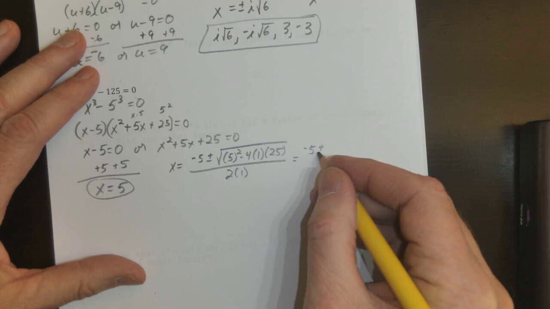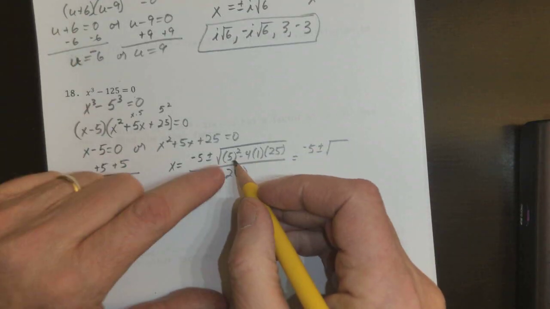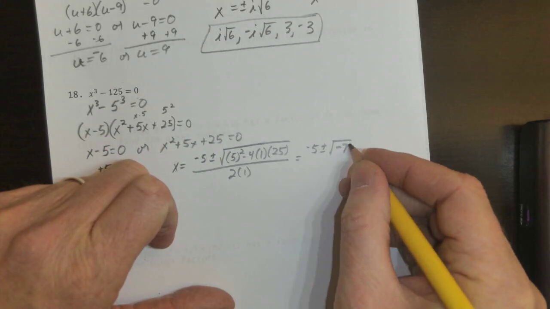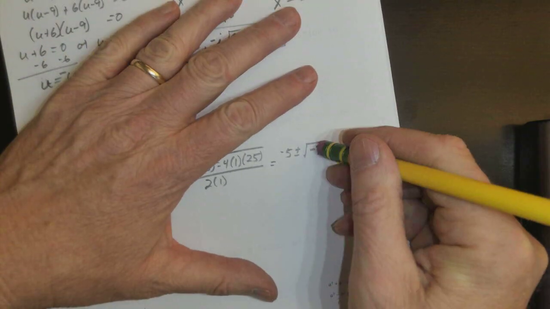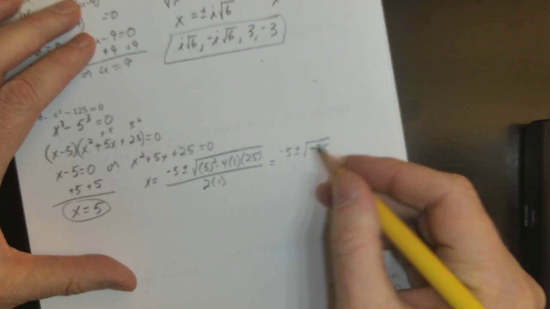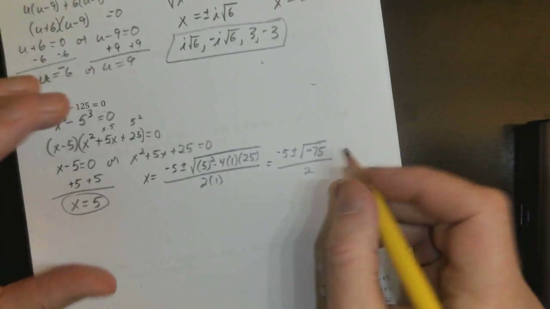It's negative 5 plus or minus the square root of, this is 25, this is 100, that's negative 75, and that's over 2.